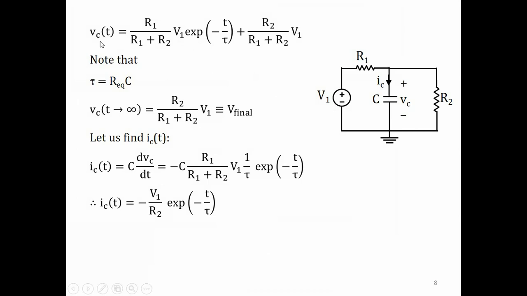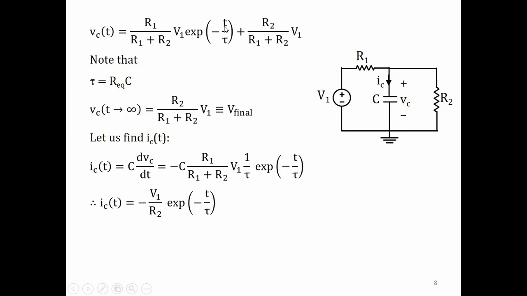Having found x0, we write the final expression for Vc of t. The capacitor voltage in this circuit for t greater than 0 has this form. It is a constant times e raised to minus t by tau plus another constant, where of course, as we already saw, tau is Req times C. Now notice that in this equation, as t tends to infinity, e raised to minus infinity is 0.